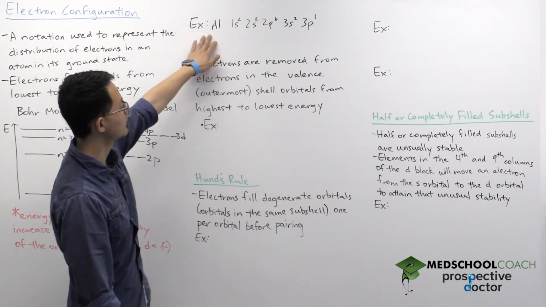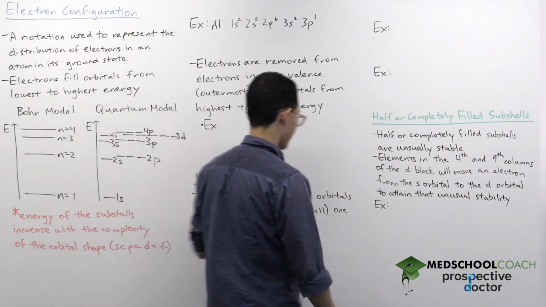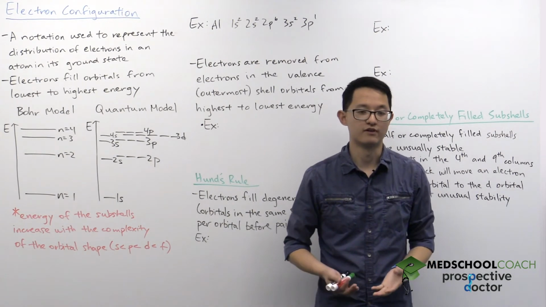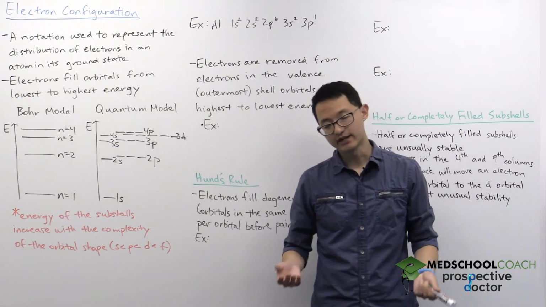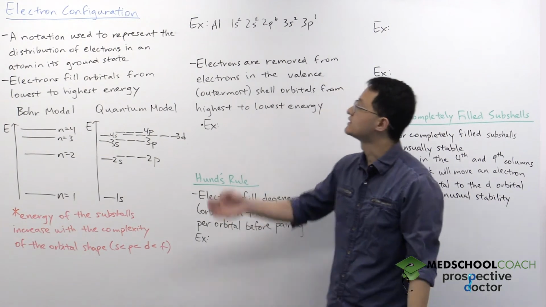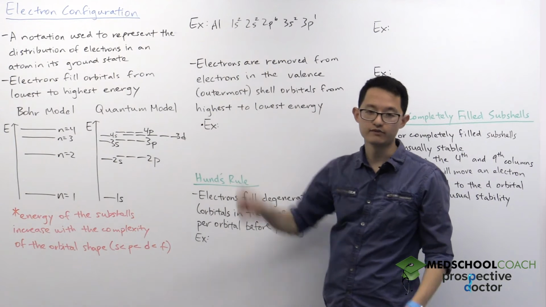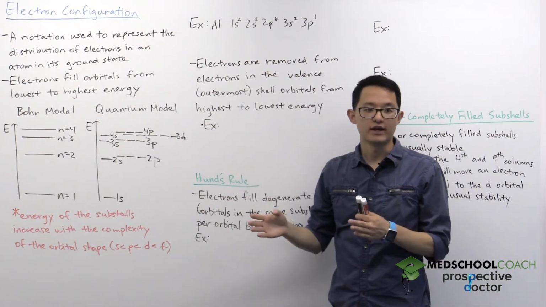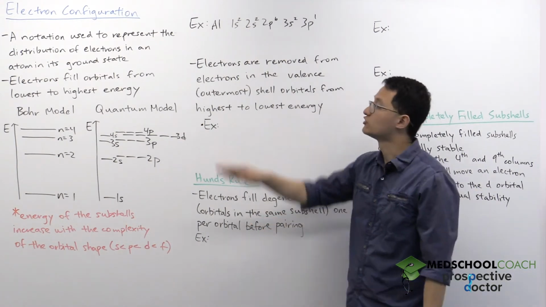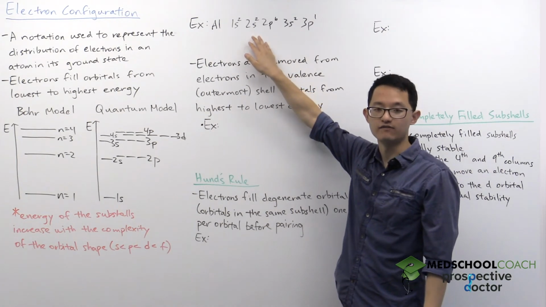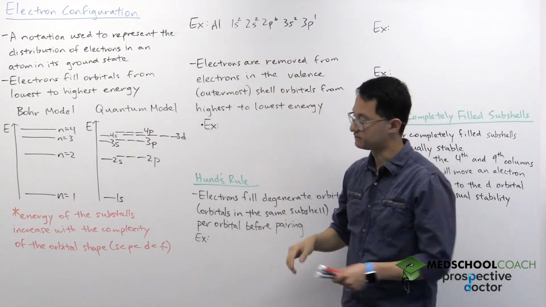Now, while we can follow this diagram that I just drew, there's actually a much simpler approach on the MCAT. If you take a look at the periodic table, this is simply following the periodic table, starting from hydrogen on the top left, and working left to right, top to bottom. So generally, all you have to do is follow the periodic table to figure out the electron configuration.